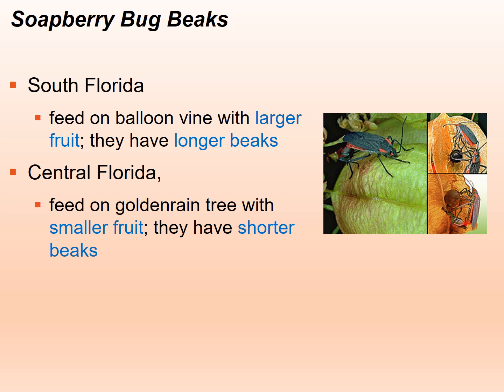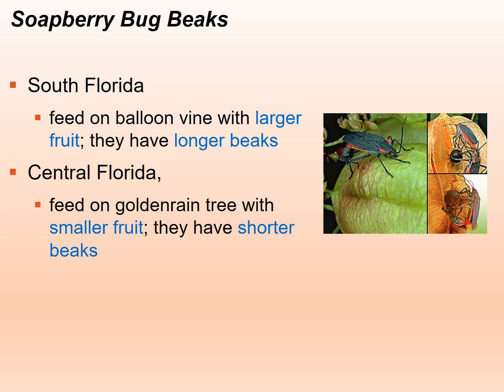So in South Florida, larger fruit, deeper fruit. They need to be able to go deeper to get to the seed, so they need longer beaks. So that's going to evolve. Those with longer beaks are more likely to survive and reproduce because they can feed off of the fruit, and then you're going to see more of the longer beaks in that particular area.